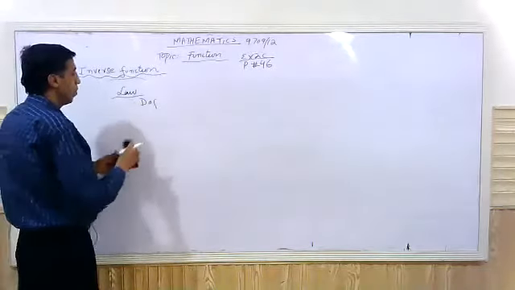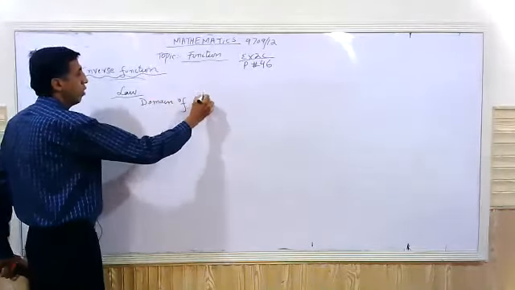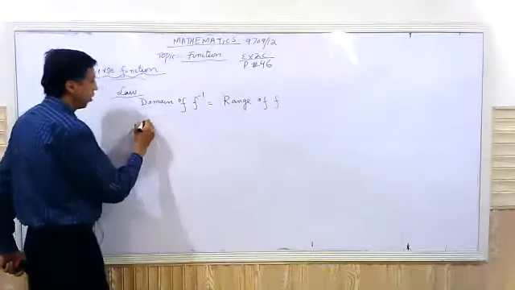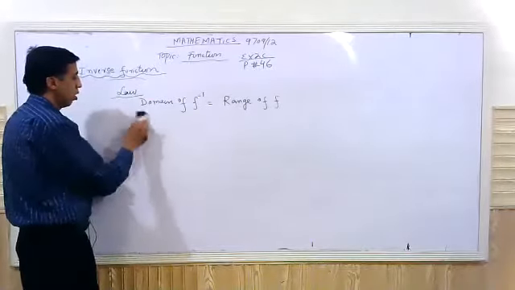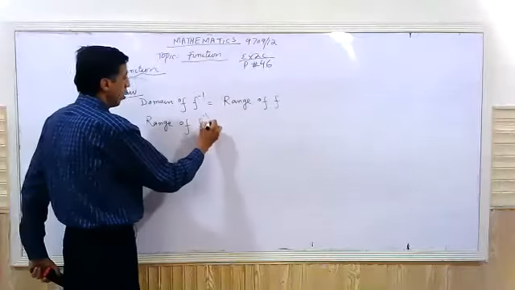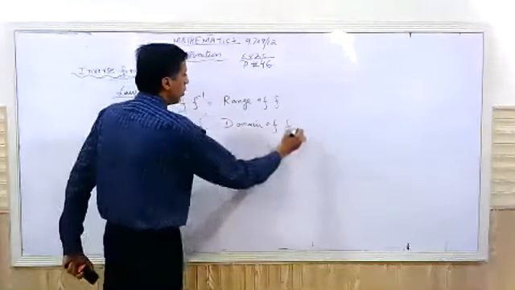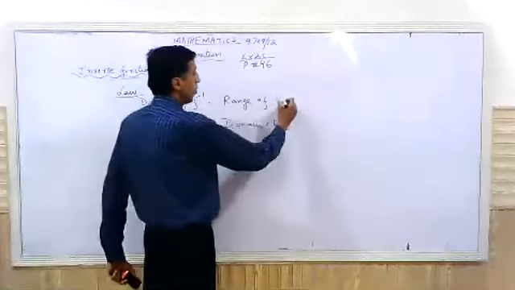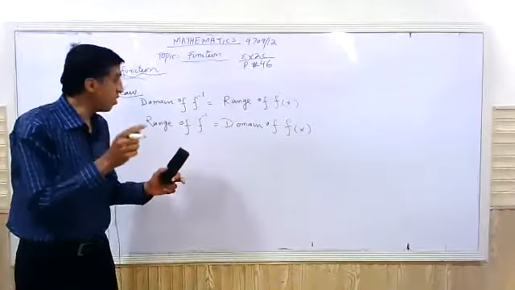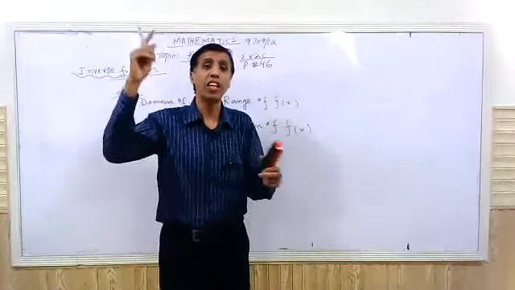Domain of F inverse is equal to range of F, and range of F inverse is equal to domain of F. It means the way of finding the inverse function's domain and range will be the same as we have already studied.